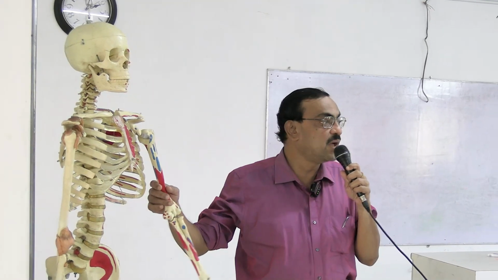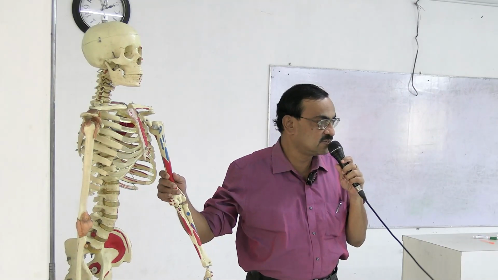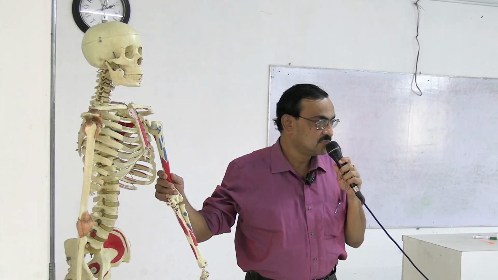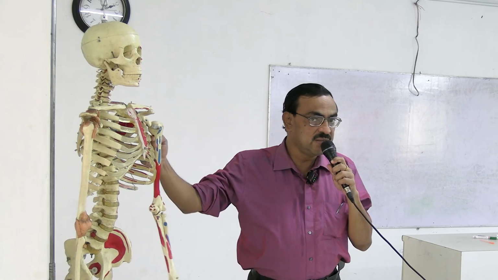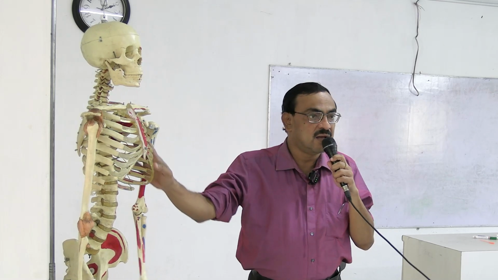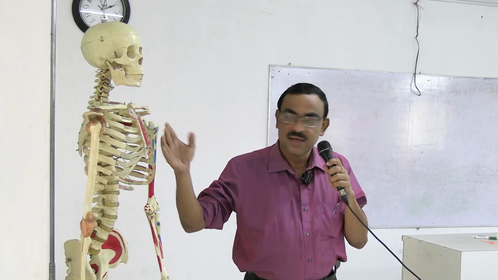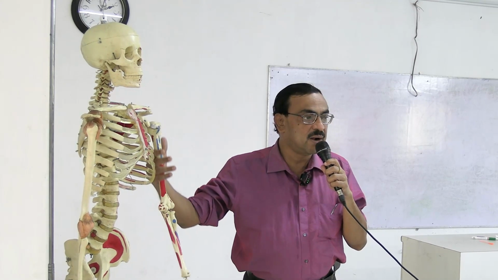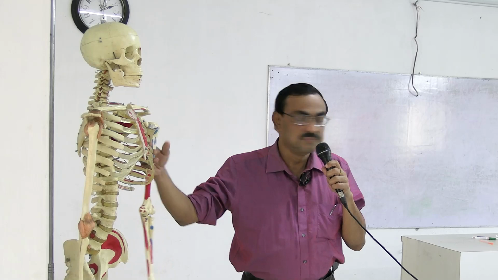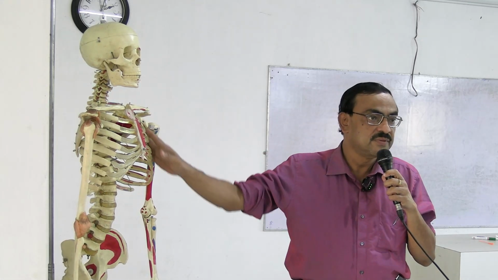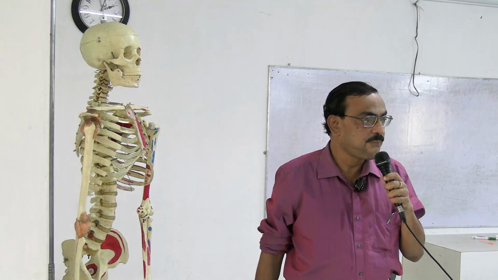It's a pyramidal-shaped space between the lateral part of the chest wall and the upper part of the arm. So this is the axilla.